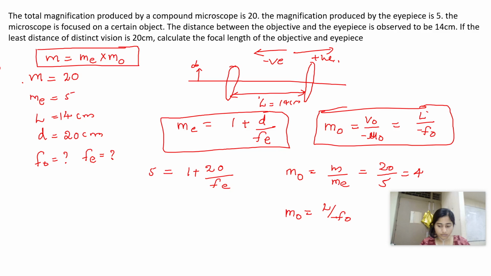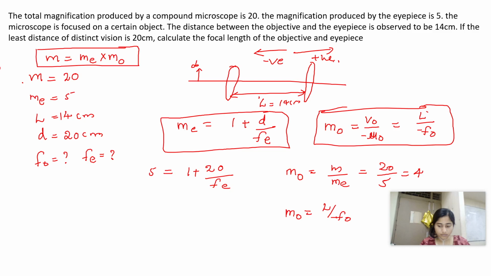Minus 5 and plus 5. Plus 5 for what? Fe or Fo? Fe negative. No. Me equal to 5, na? Yeah, 1 plus D by Fe. So, oh no. Okay, got it.